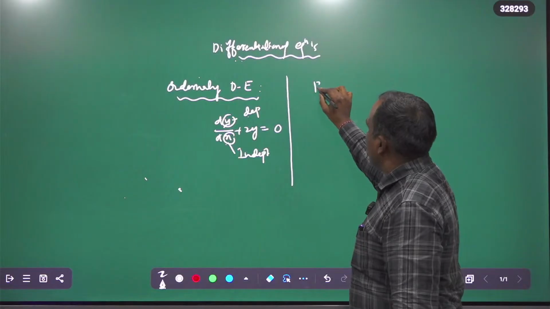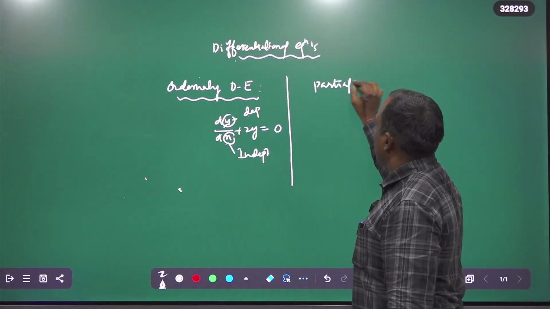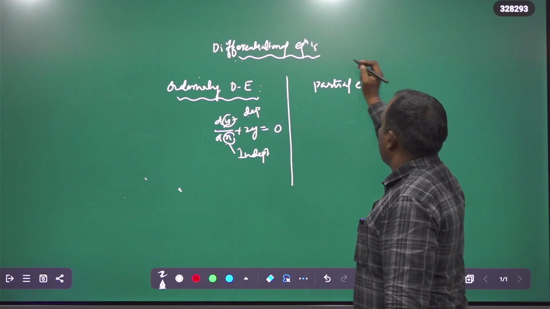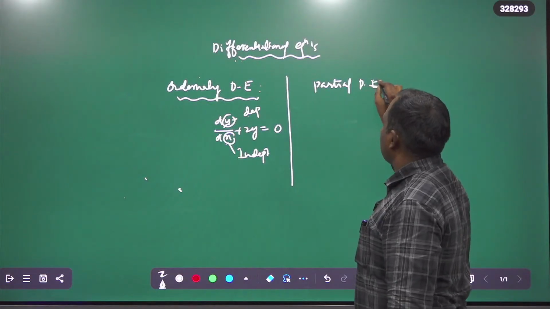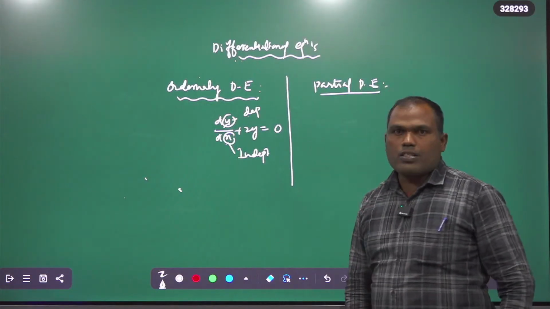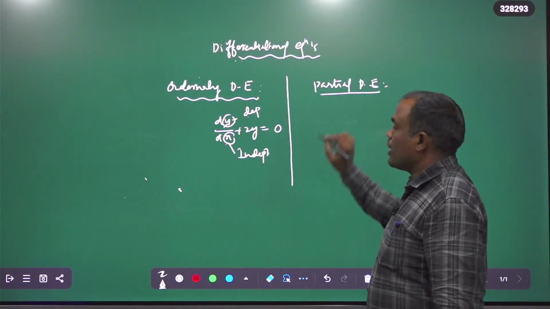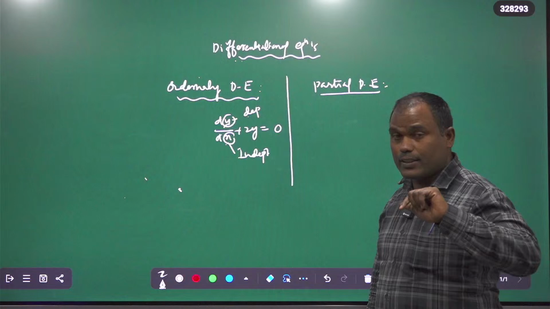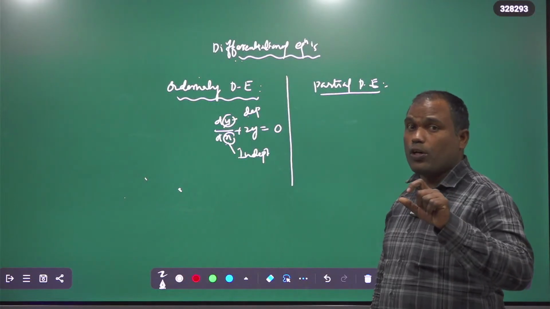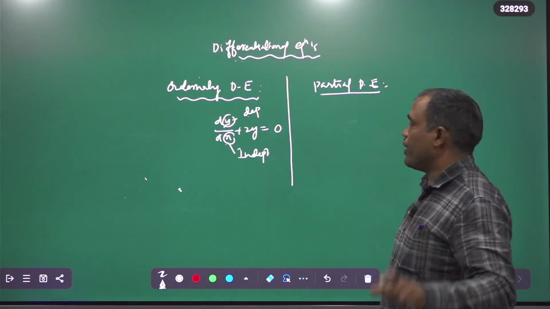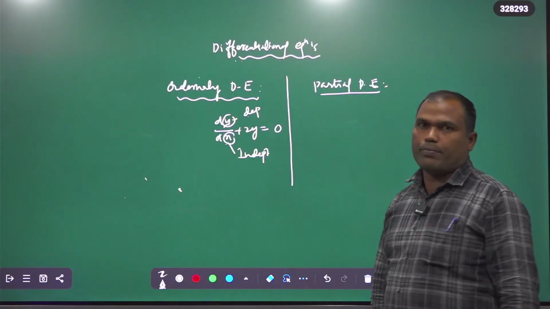Partial differential equations means an equation involving one dependent variable and its derivatives with respect to more than one independent variable is called a partial differential equation.